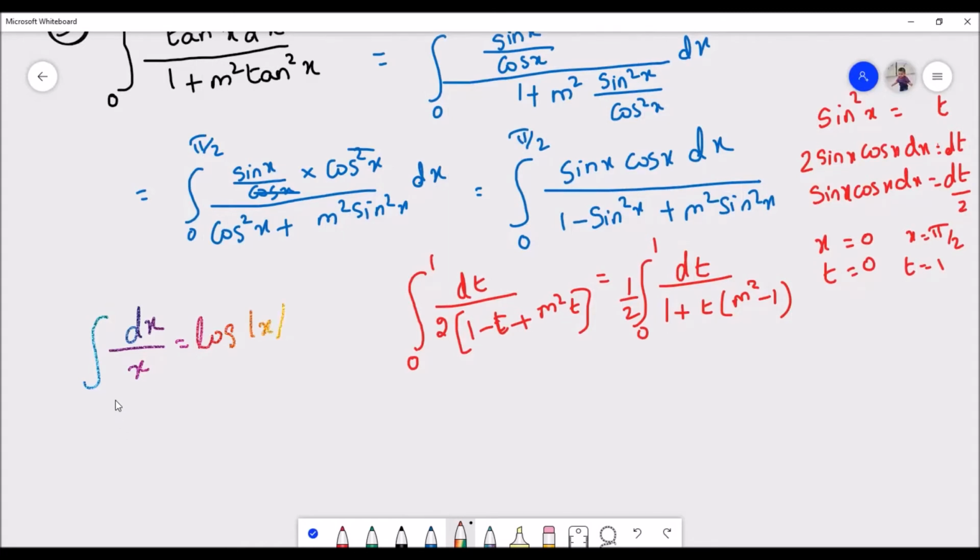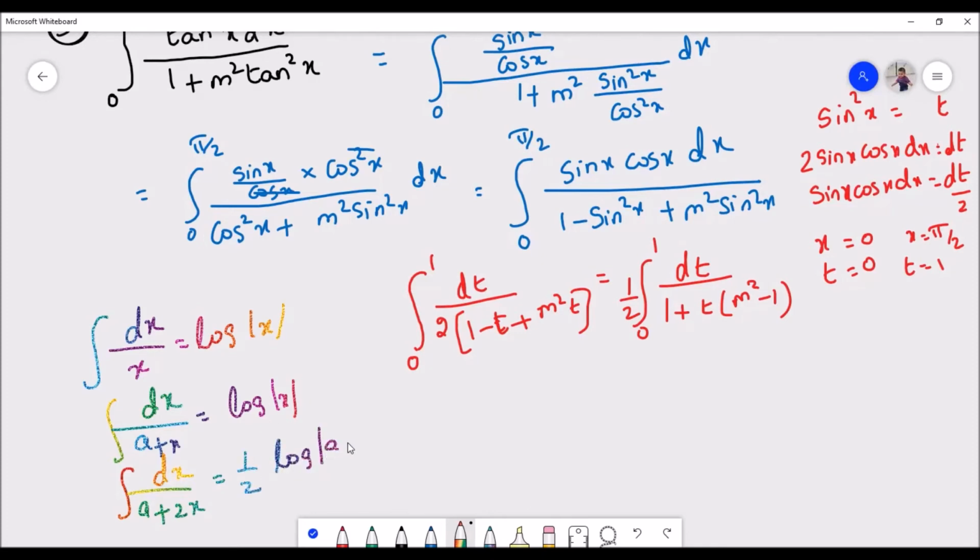Whether dx by x, or integration of dx divided by a plus x, is also log mod x. Or integration of dx by a plus some constant into x, at that time we will write the answer as one by that constant, log mod a plus the constant times x.